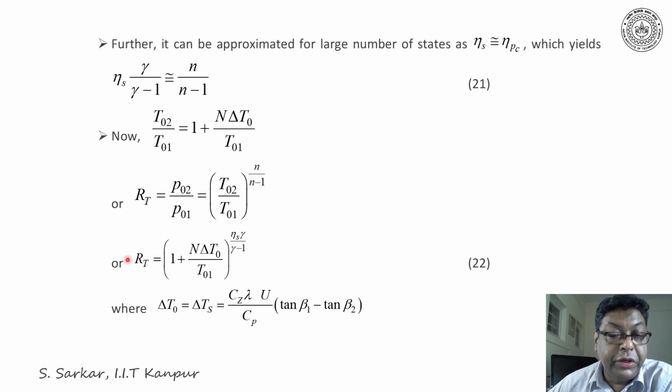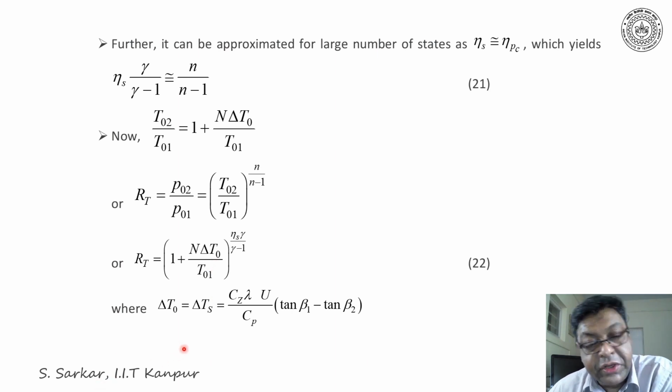Thus equation number 22 will give us the overall pressure ratio for the compressor if n be the number of stages and eta S is the stage efficiency, that is small stage efficiency, and delta T0 is the stage temperature rise, which can be related to delta T0 equal to lambda into Cz into U divided by Cp into (tan beta 1 minus tan beta 2).